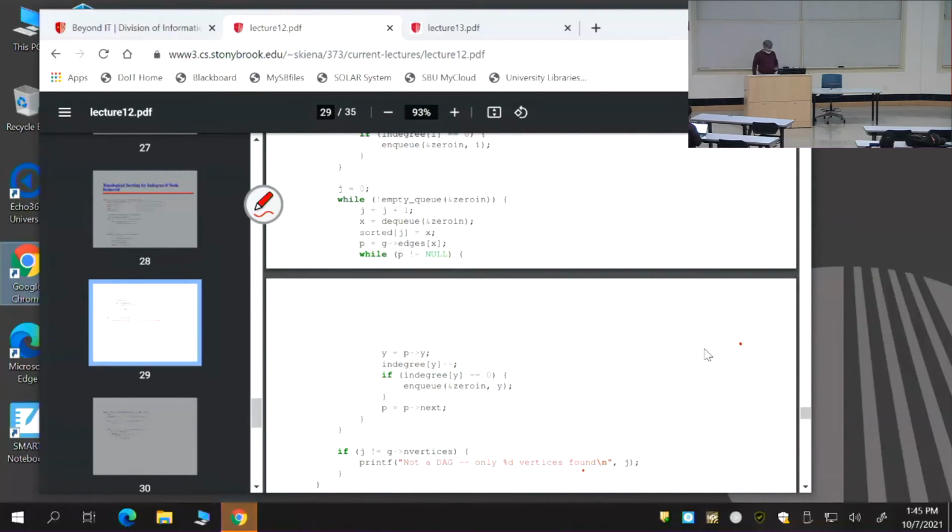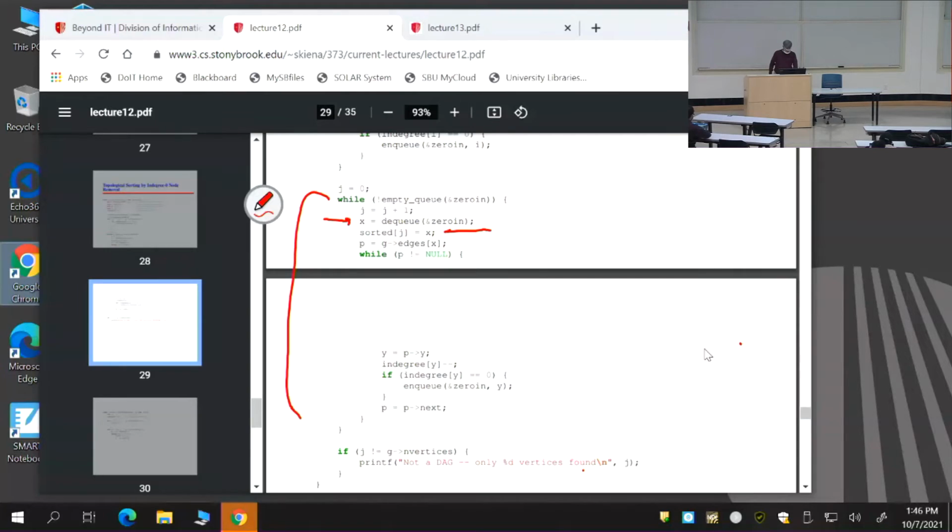Now, what is good about this? While my Q is not empty, I'm going to pull out a vertex of degree 0 and put it next in sorted order, my topological sort. If it's in-degree 0, I can put it next.